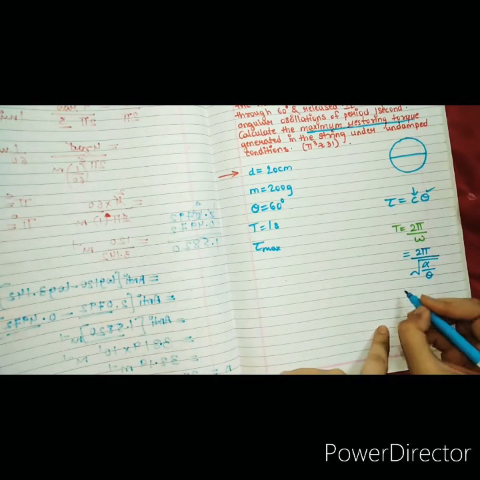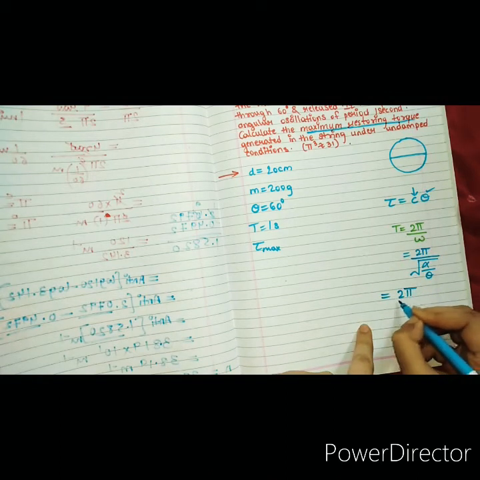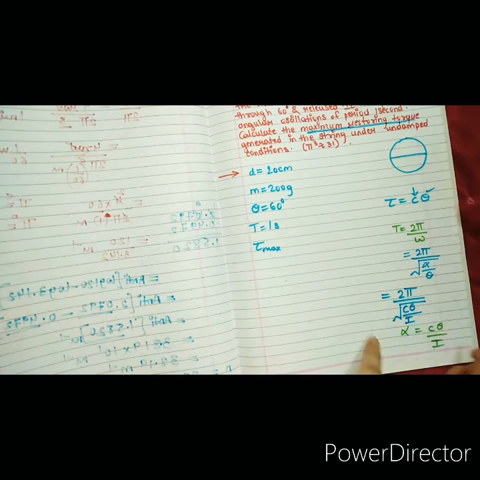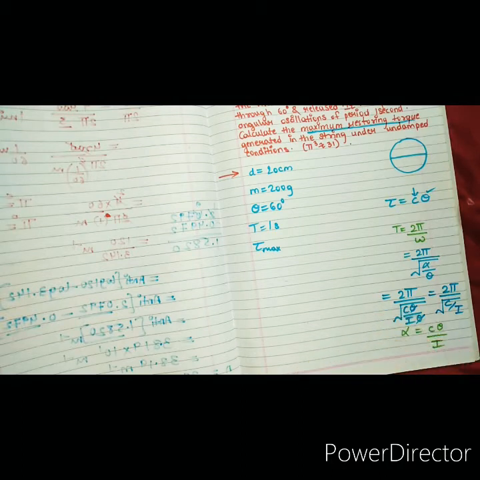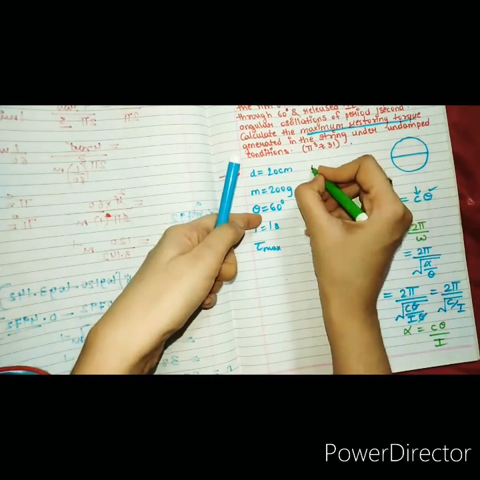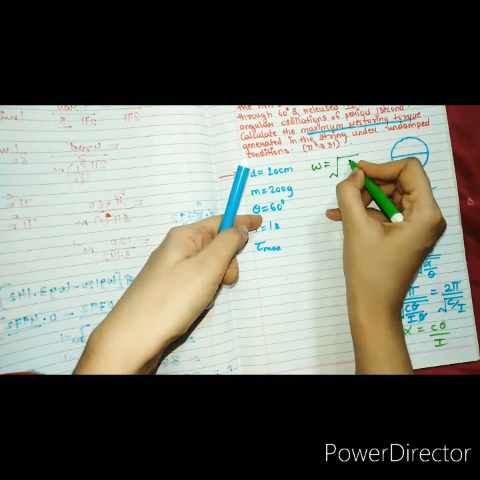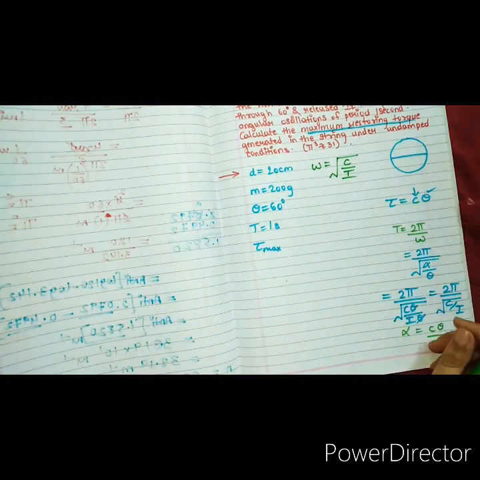Alpha is C theta upon I. So I substitute alpha as C theta upon I, and this theta gets cancelled, and I have T as 2 pi under root I upon C. So comparing this equation with the earlier equation, 2 pi is 2 pi, and in place of omega what I have is under root C upon I. So now I have the formula for omega, that is under root C upon I.